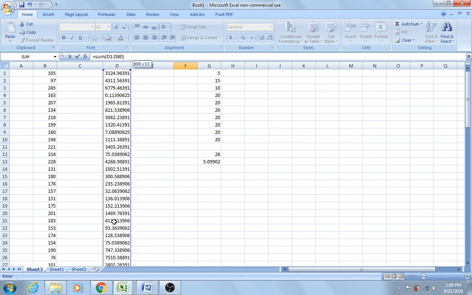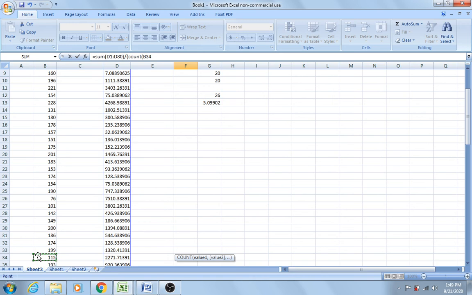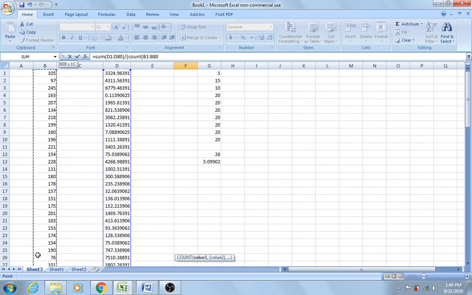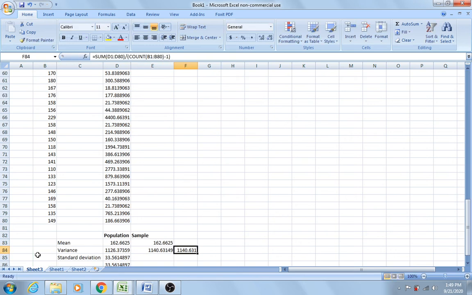Then I divide by the count of the data. There are 80 of them, and then -1. Okay, this is it. See, we have the same value.